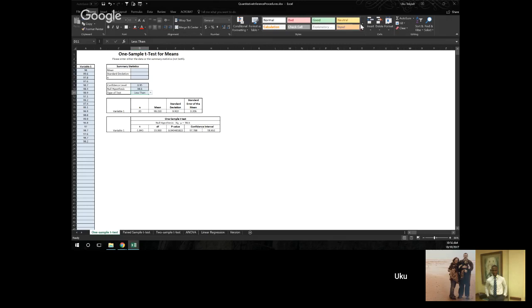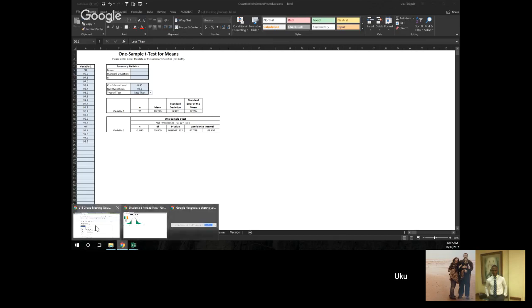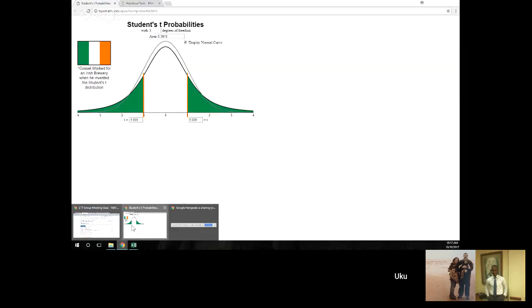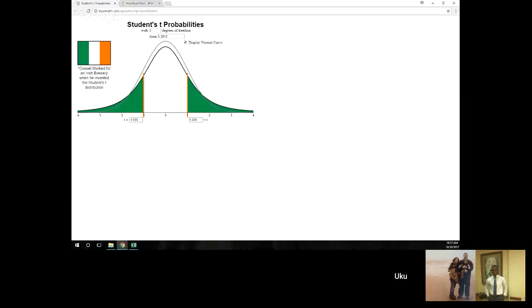A part of me is tempted to use what we already have here to get the value of t by using the formula provided in the book. No, that's not going to work. What about this one? Yes. Go back here. What is the t-score?